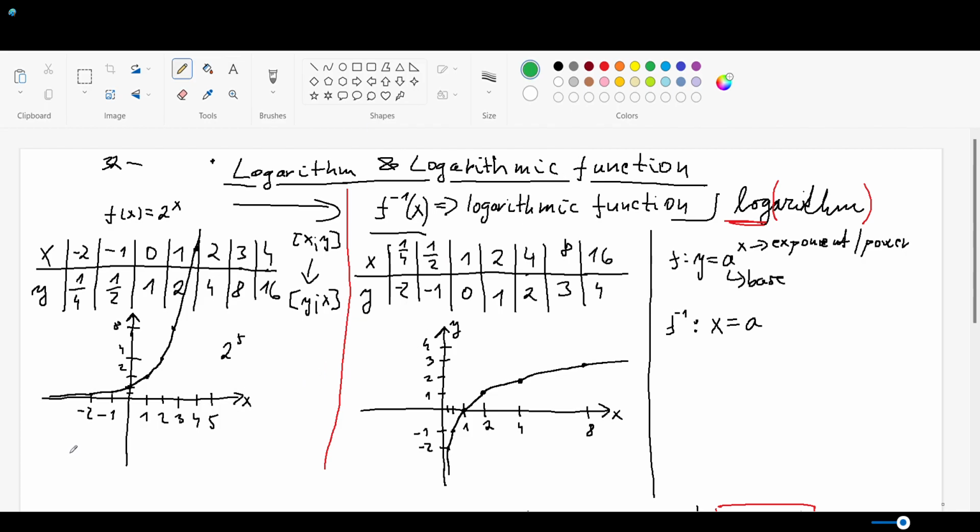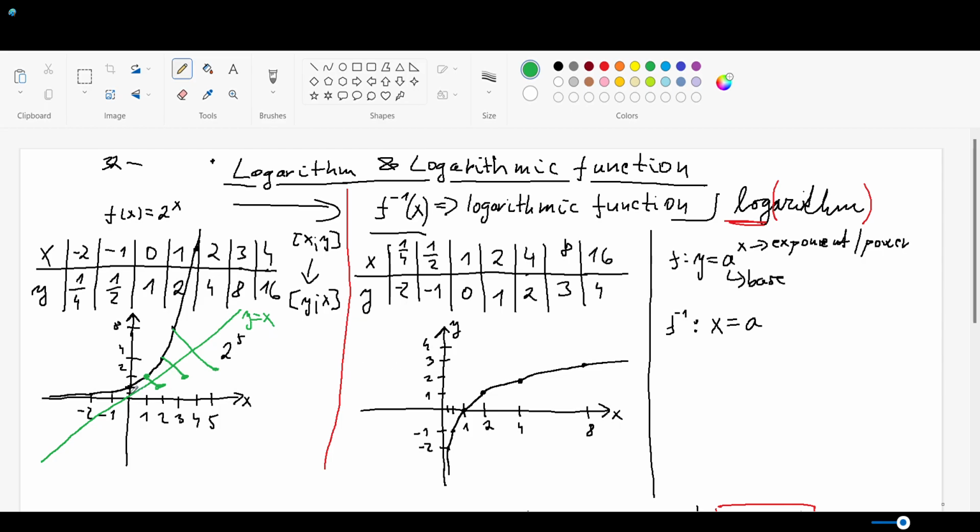We already know that if we want to sketch the inverse function of any function, the inverse function is symmetric with respect to the line y equals x, which basically means that you take any point from your function and you just do the symmetry, and you will find all the points of the inverse function.